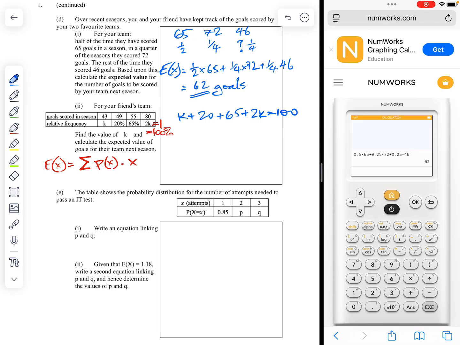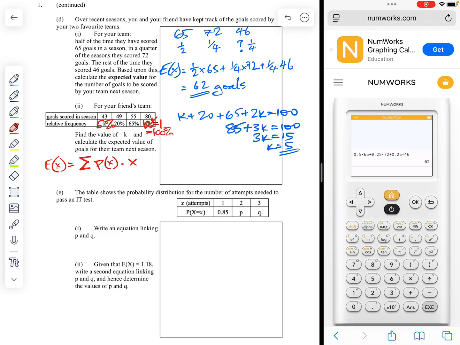So 20 and 65, we have 85, plus k plus 2k is 3k is 100. So 3k with a subtraction is 15, dividing both sides by 3, k is 5. Going back to the table, let's write it in. So k is 5%, and 2k, 2 lots of 5, 10. This is happening 10%.